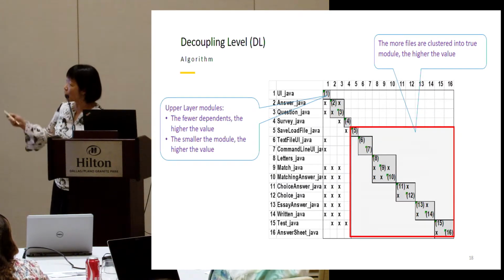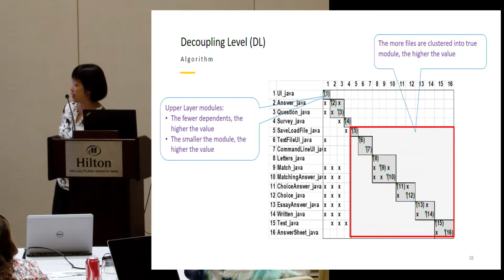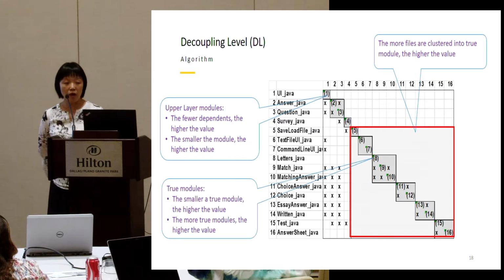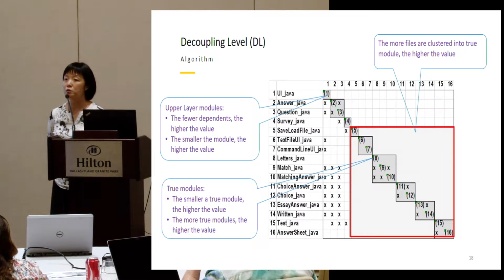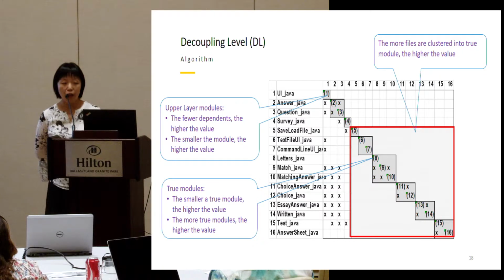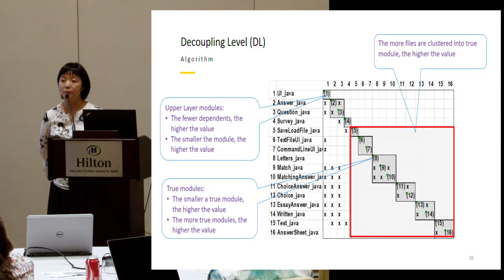And for the upper layer system, the fewer dependencies they have, the better its maintainability. And we don't want a module to have too many elements. We don't want a module to be too large, too complex, right? So the smaller the module, the higher its value. So eventually we put together a score, combining all these elements. For details, please refer to our ICSE 2016 paper.